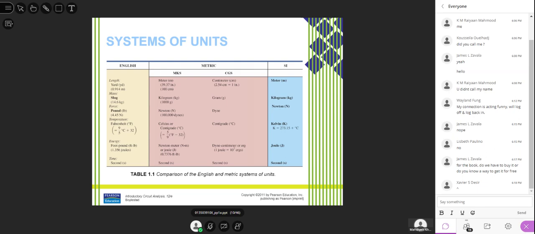We also have inch, and we also have centimeter. 1 meter is equal to 39.37 inch. 1 meter is also equivalent to 100 centimeter. In the other system, centimeter is the base for the unit.